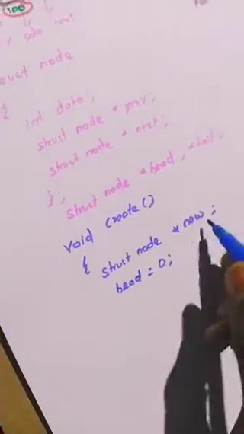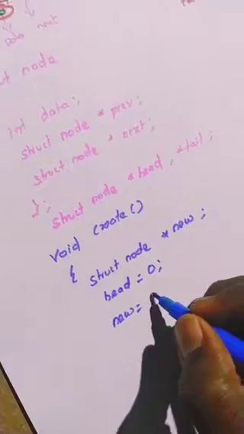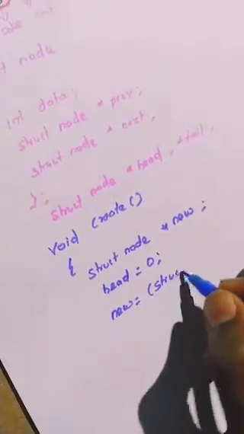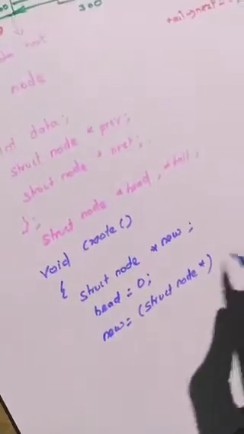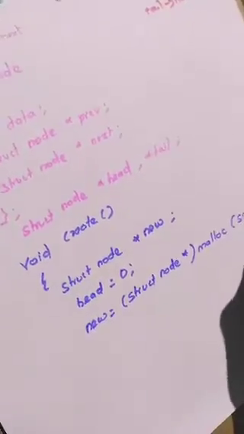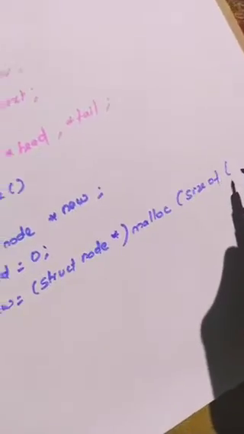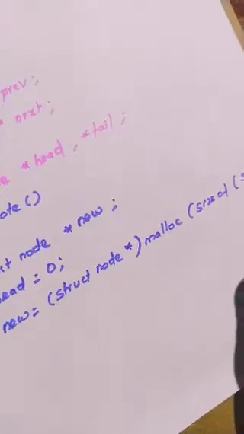After that, I have to allocate memory for the new node. For that, we all know the syntax for allocating memory space. First I have to typecast the function struct node and malloc size of struct node, right?